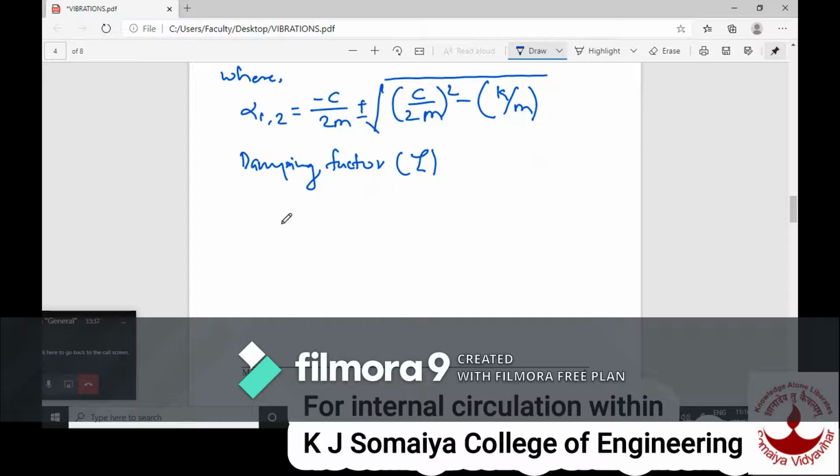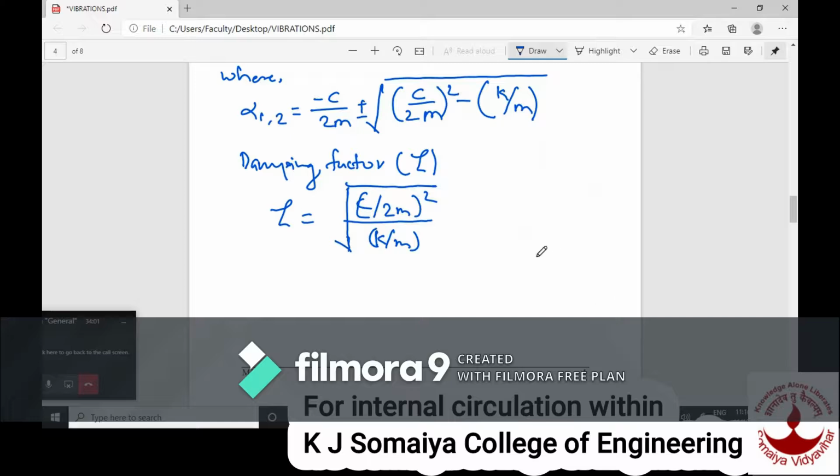So what is zeta? Zeta is the ratio of (c by 2m) square divided by k by m, and the whole under root. So this is what is represented as zeta.